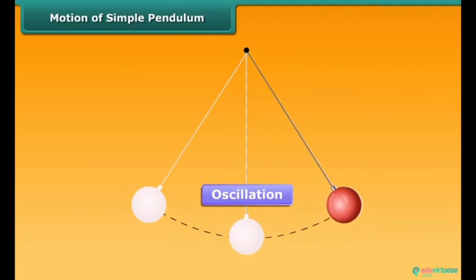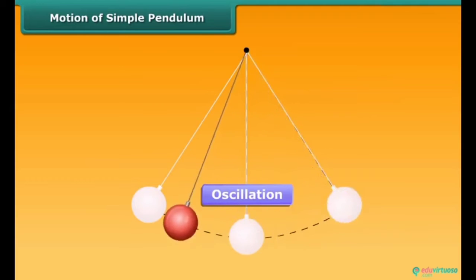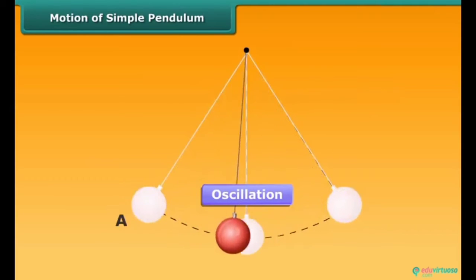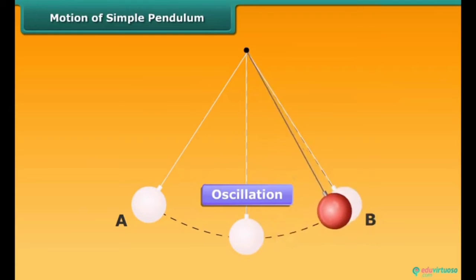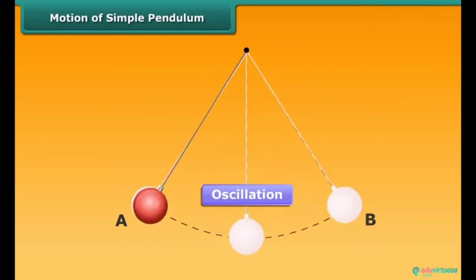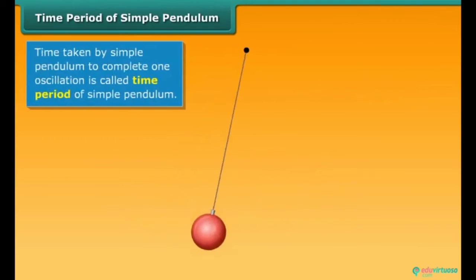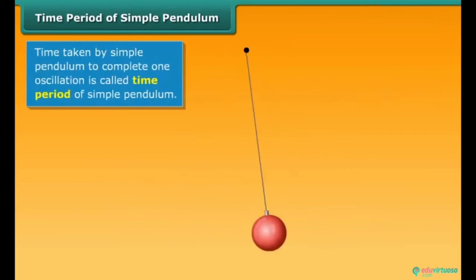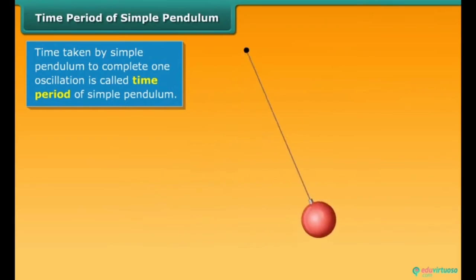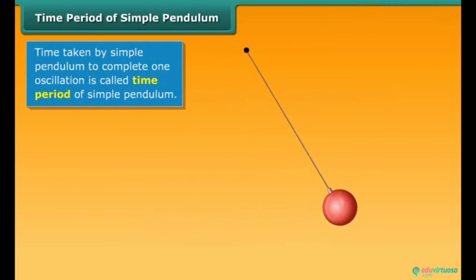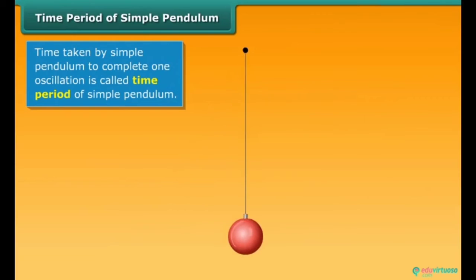You can see in the picture. It means what is one oscillation? One complete to and fro movement of the pendulum bob is called one oscillation. The time taken by a simple pendulum to complete one oscillation is the time period of that simple pendulum.